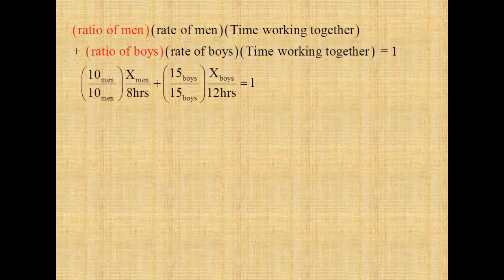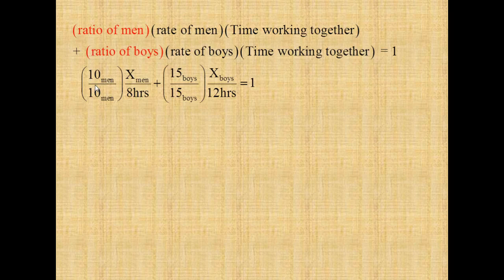So we have the ratio of men times the rate of the men times the time working together, plus the ratio of boys times the rate of boys times the time working together, equal to one task or one job. So we have 10 over 10 men times X over 8 hours plus 15 over 15 boys times X over 12 hours equal 1.